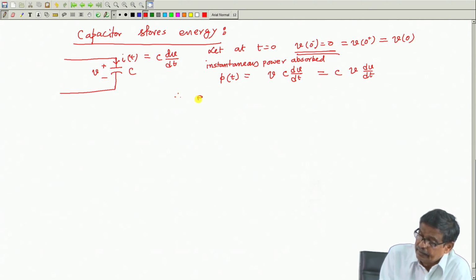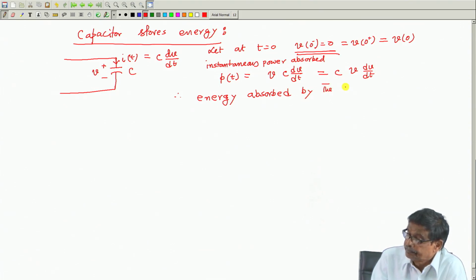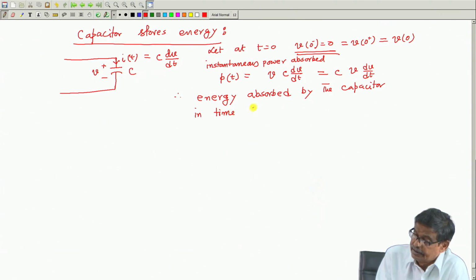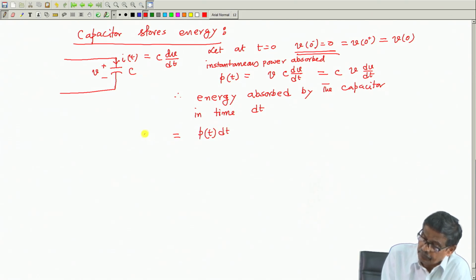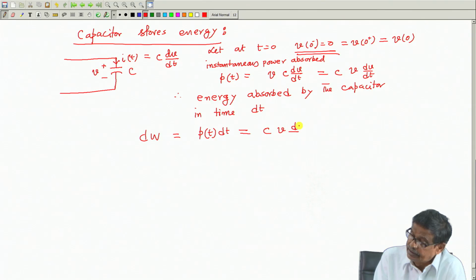Therefore, energy absorbed by the capacitor in time dt, very small time interval dt, will be p(t) into dt, power into time gives you the energy, that is equal to dW, and this will be equal to C v dv/dt into dt.